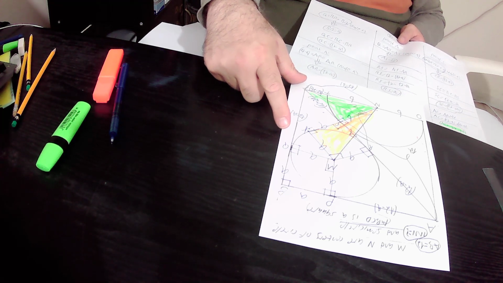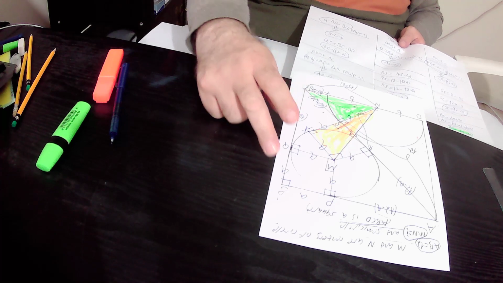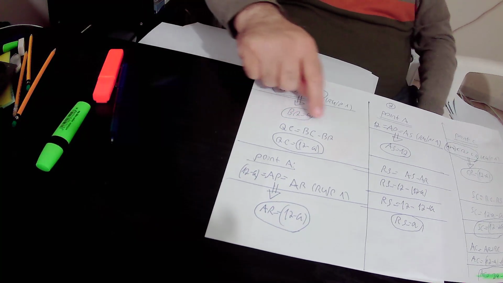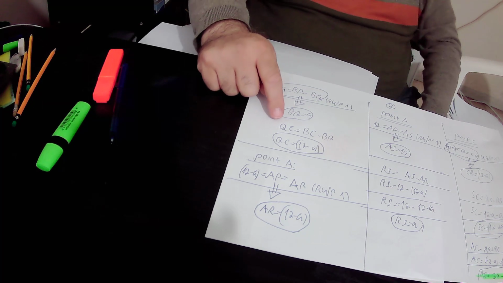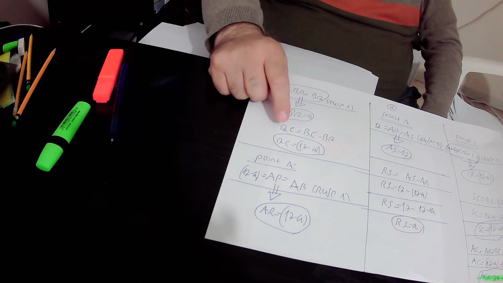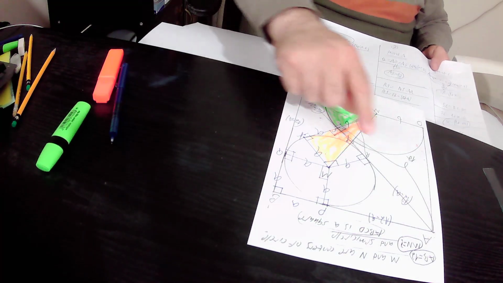The length of line segment QC will be equal to BC minus BQ. So QC equals BC, that is 12 units, minus BQ, that is A. In conclusion, QC is also equal to 12 minus A, exactly like AP.